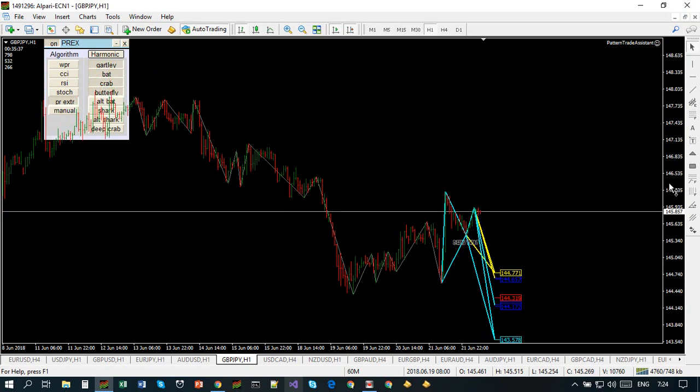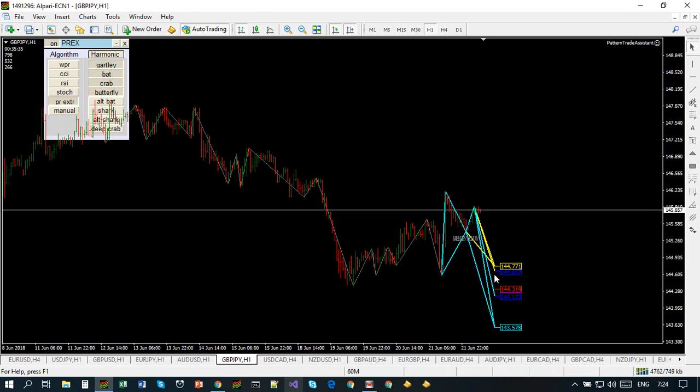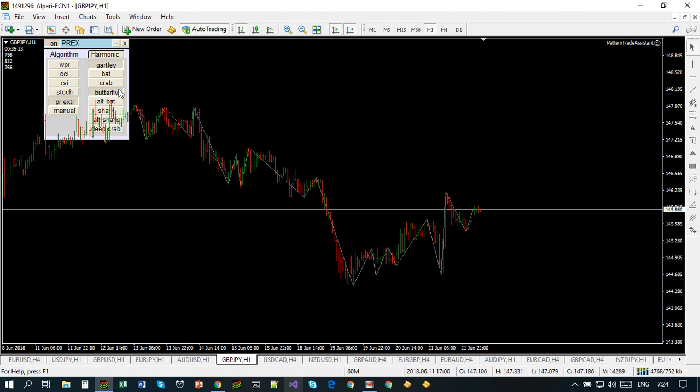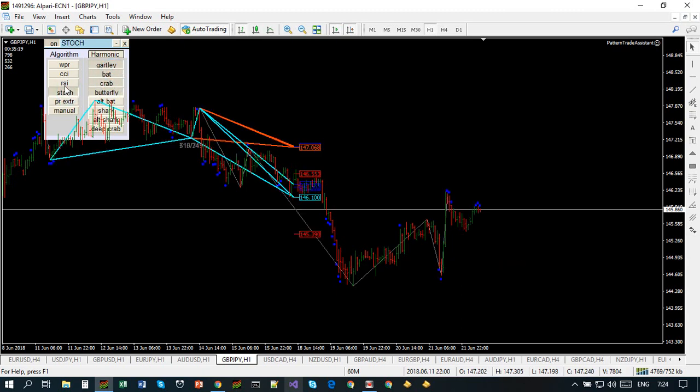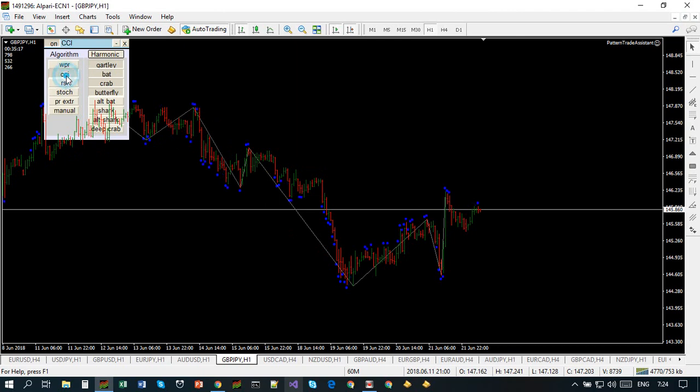A bat pattern and a crab forming right now. So you can see a bat, it looks this way, and you can see a crab, it looks this way. If the bat fails, the crab is the next one to trade. Let me enable them. Stochastic doesn't see this. RSI, commodity channel, %R range.